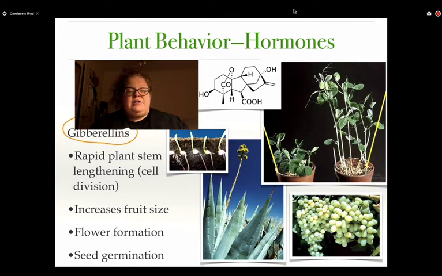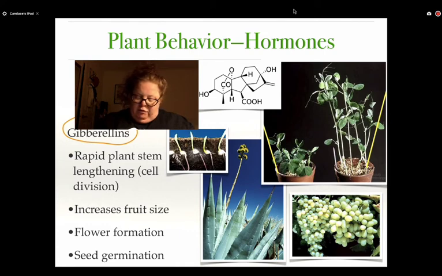Gibberellins are associated with a lot of things that plants do, a lot of their behavior. And they work alongside auxins sometimes, but essentially they're involved in things that involve cell division. So increasing size or rapid stem lengthening.